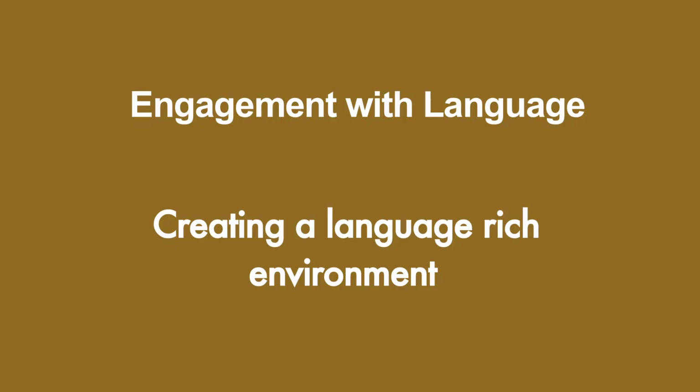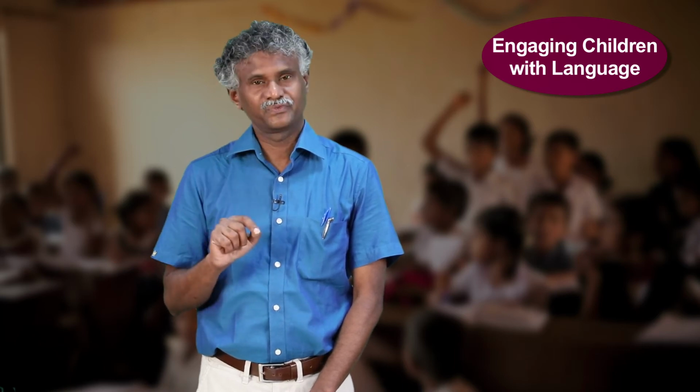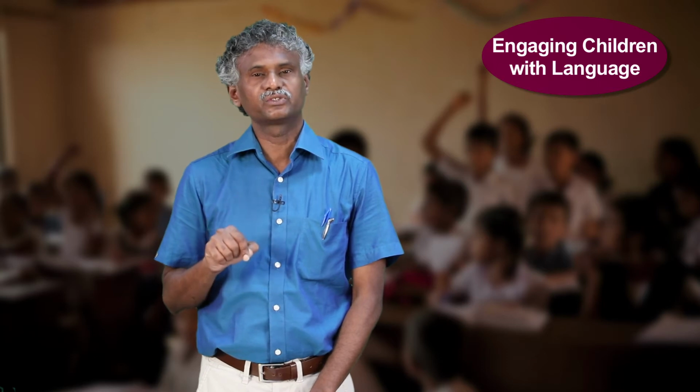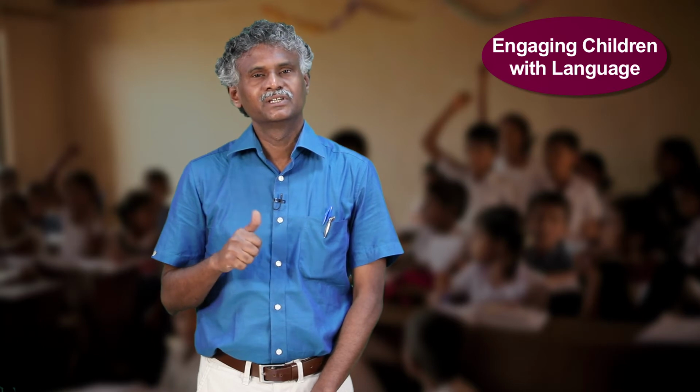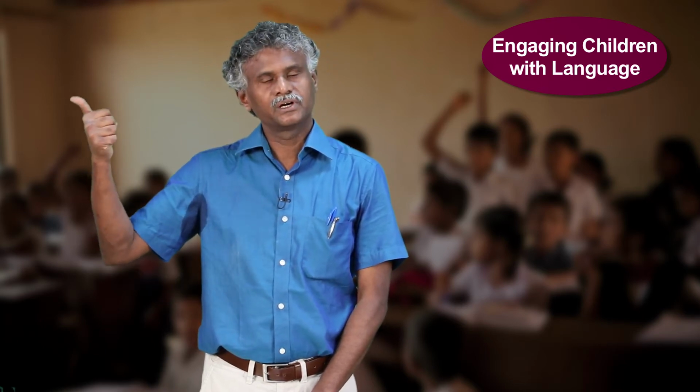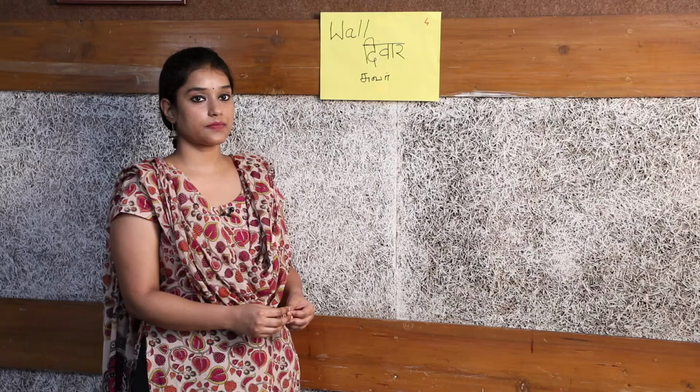Here is a typical Indian classroom where you can find more than 2-3 languages. Here on the door of the classroom she has written in Hindi, English and Tamil. The same way on the wall she has written in English, Tamil and Hindi.